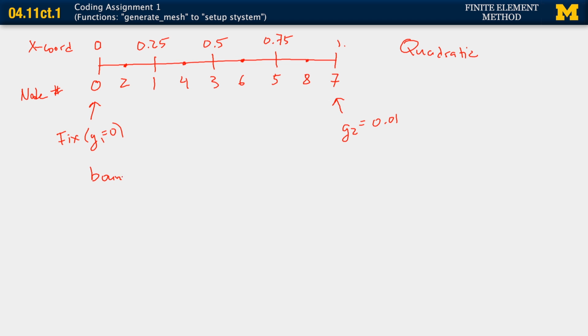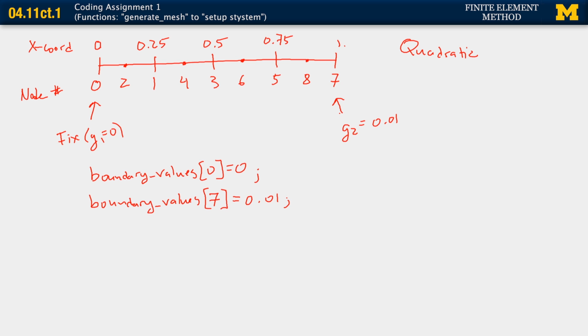What we want to do is boundary values of node 0 is equal to 0, and boundary values of the last node, which in this case is actually node 7, not node 8, is equal to 0.01. These are semicolons.